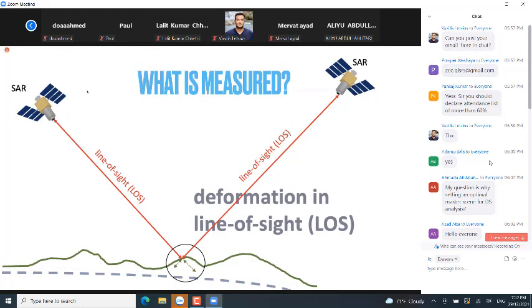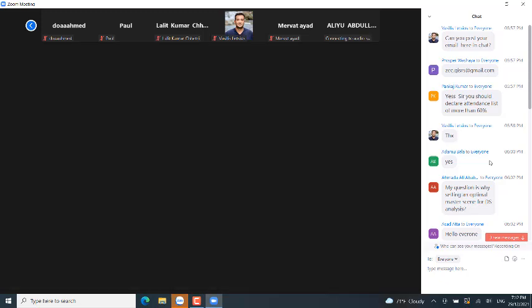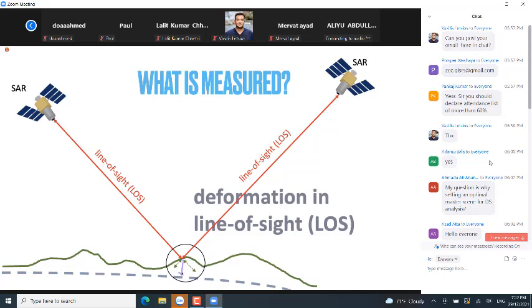All right, so let's choose a different color. If we have, let's say, a subsidence, then motion vector number 1 will be something like this, going down, negative value.